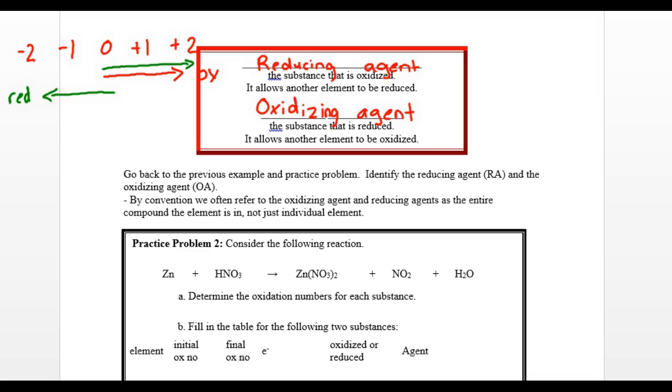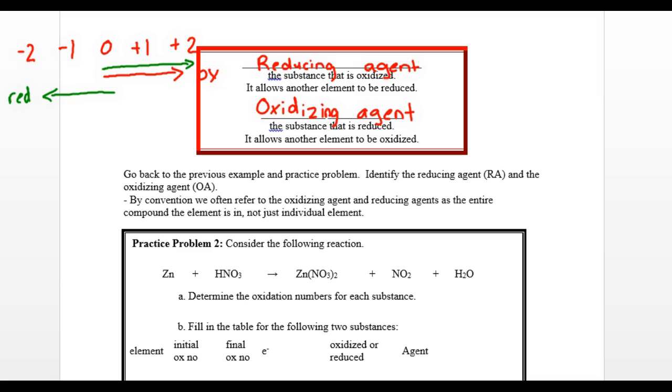So if we look back at the previous example, we saw that oxygen was a substance that was undergoing reduction. Therefore, we say that oxygen is the oxidizing agent. Magnesium is a substance that is oxidized. Therefore, we say that magnesium is the reducing agent.